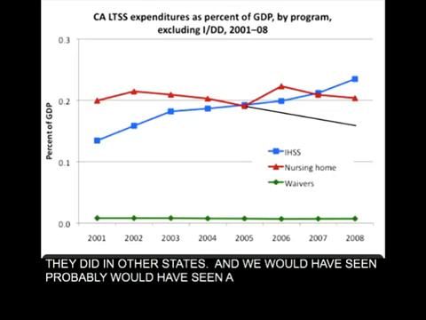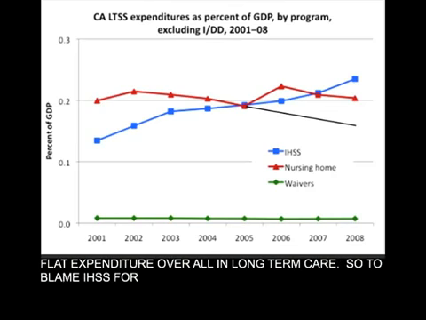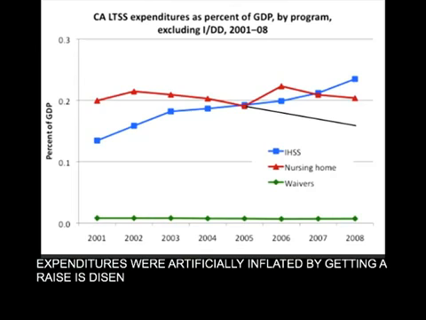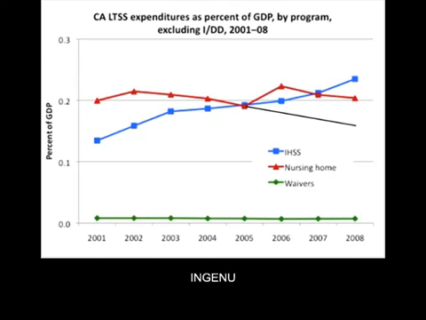And we would have seen flat expenditures overall in long-term care. So to blame IHSS for the increase in California's long-term care budget, when nursing home expenditures have been artificially inflated by getting a raise, is, I think, kind of disingenuous. So this is why I brought this up.